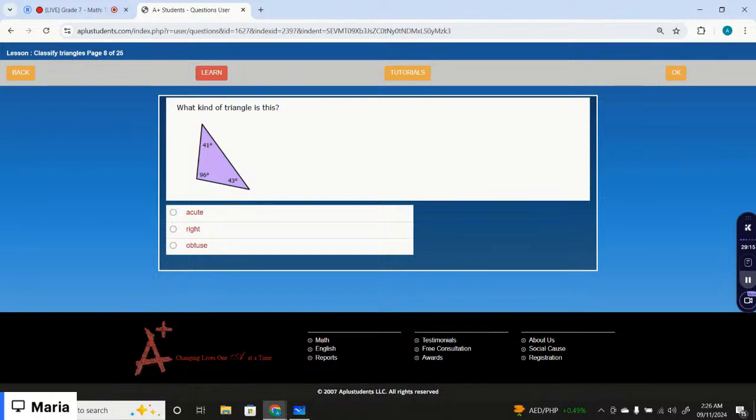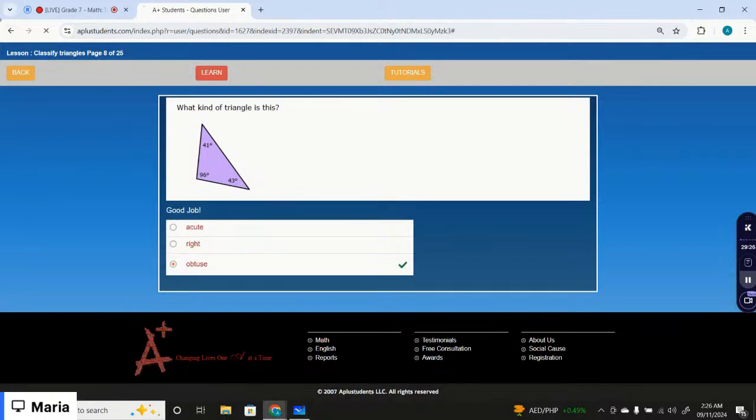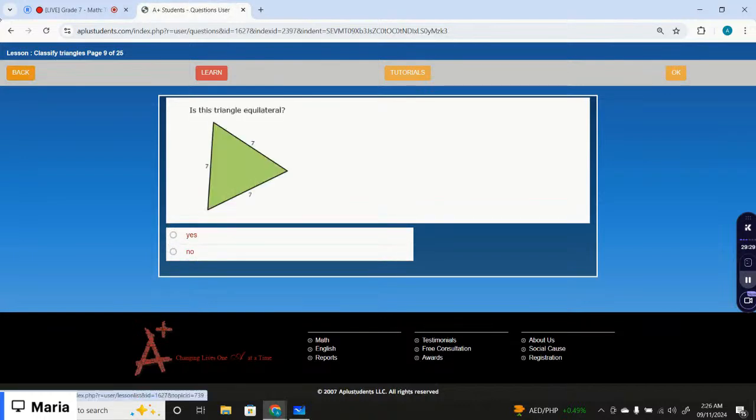The correct option is obtuse triangle, right? Option number three is the correct option. Okay, you can complete the lesson by yourself later today. Let me just move on to the next lesson.